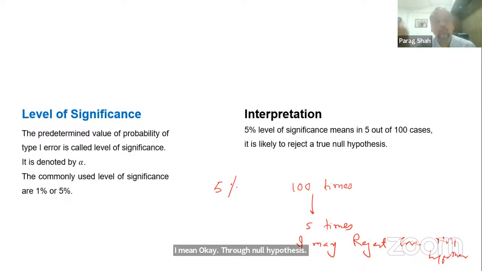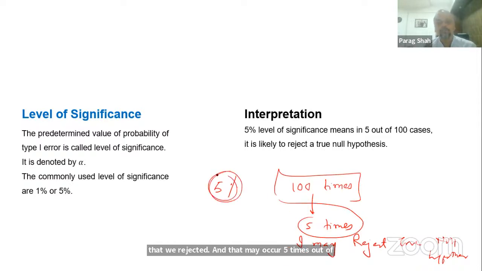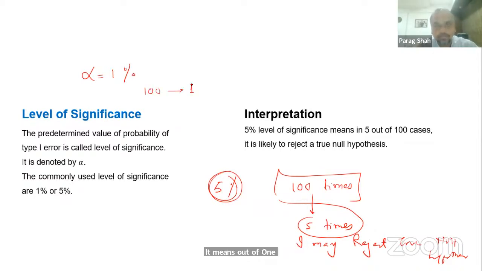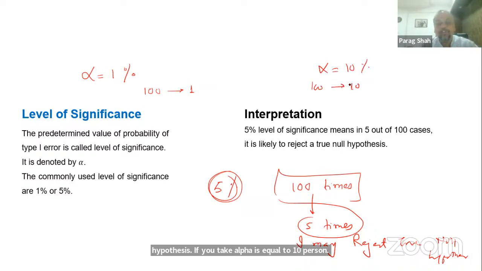So our hypothesis was true, but still there are chances that we reject it, and that may occur 5 times out of 100 if you take alpha as 5%. If you take alpha as 1%, out of 100, one time you may reject a true null hypothesis. If you take alpha equal to 10%, out of 100, 10 times you may reject the true null hypothesis.